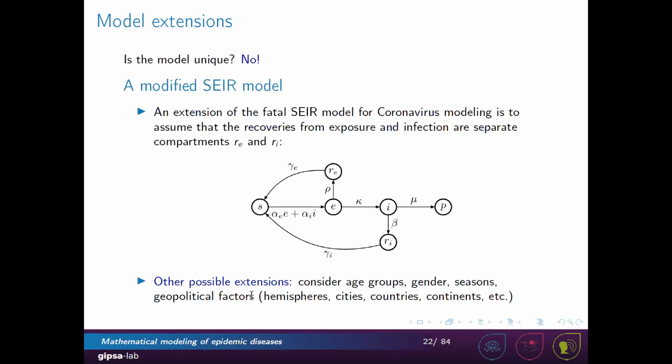So with such changes, we know that the behavior of the virus and its propagation pattern may change. We can talk about cities, countries, continents, the resources that exist in certain cities and countries. So the model can be made more complex in various aspects.